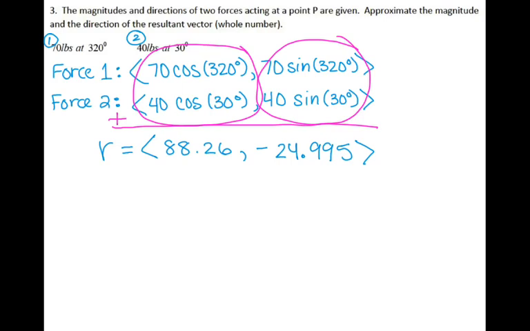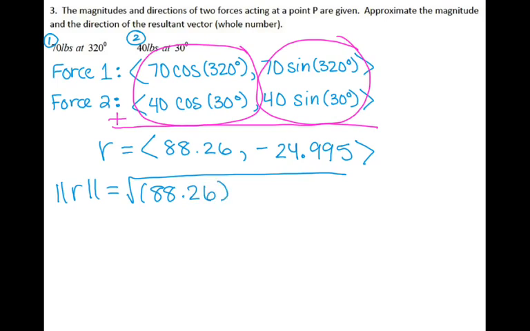So I need to find the direction and the magnitude. So the magnitude of r comes from using the Pythagorean theorem. So I'm going to take my horizontal squared plus my vertical squared. And then I'm going to take the square root.